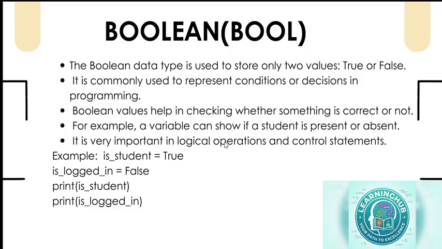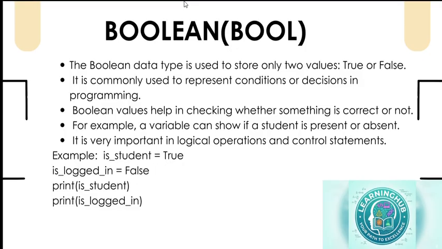It is very important in logical operations and control statements. Example: student = True, login = False. Print student, print login. It will print the true and false values, because these are the variables that store true and false. Especially it is used in conditions like: is the user logged in, is the answer correct. So boolean helps programmers to make decisions.